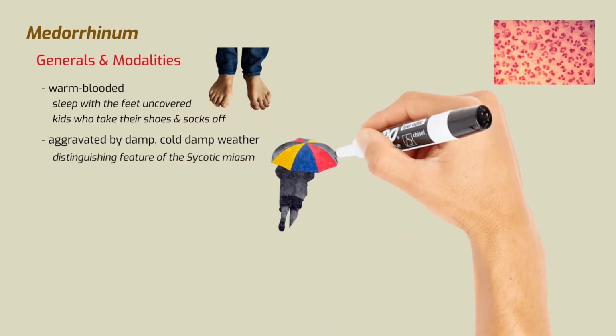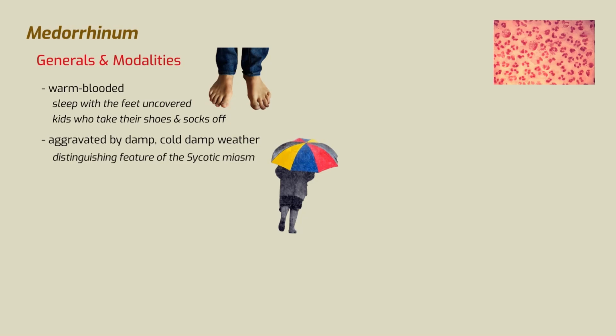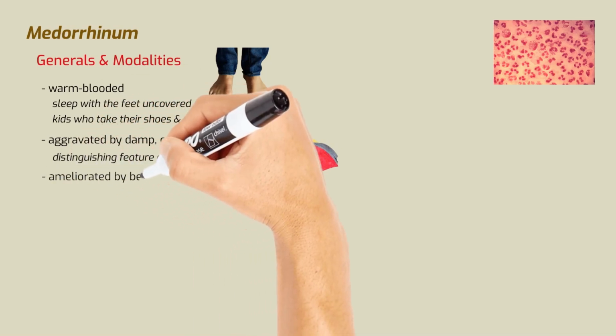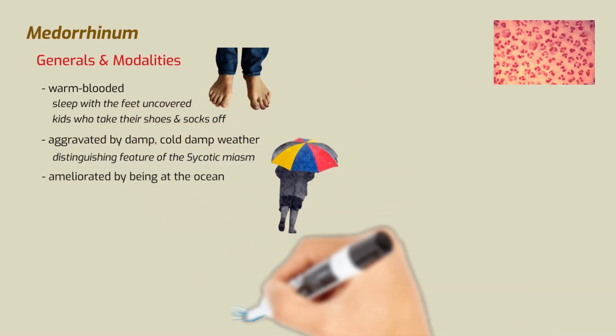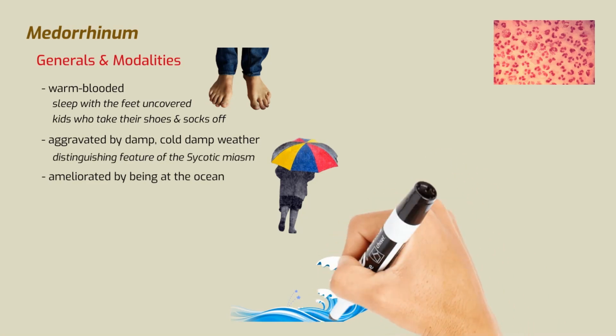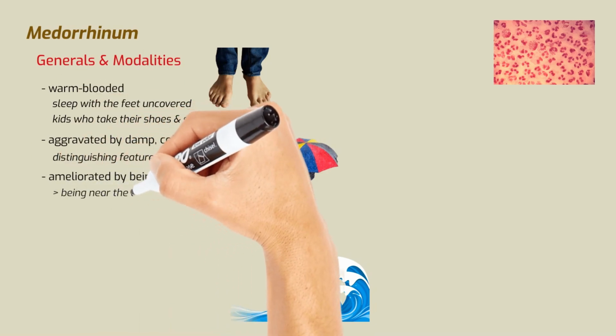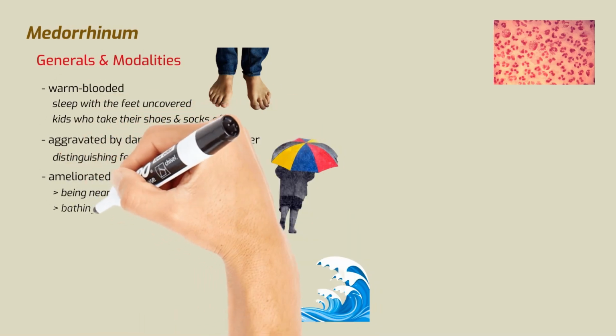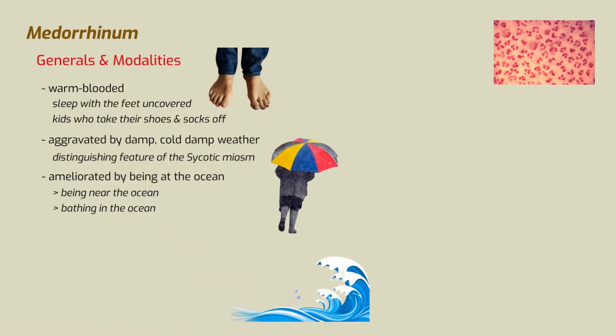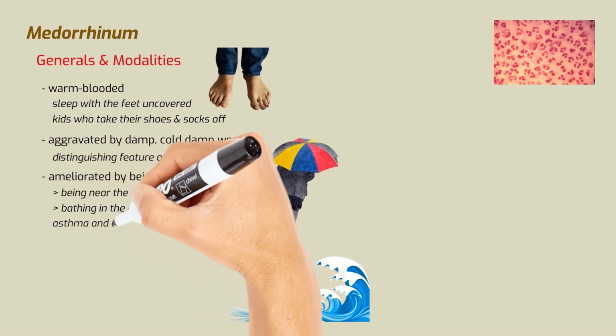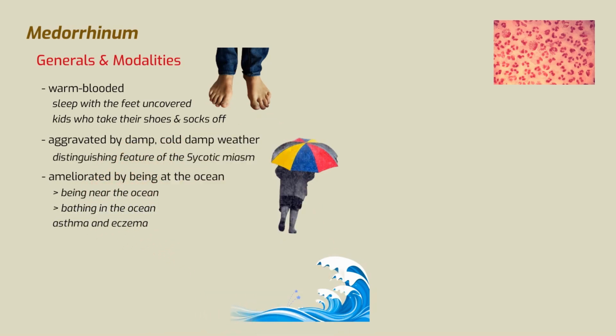Furthermore, in spite of being aggravated by dampness, Medorrhinum is ameliorated by being at the ocean. So even though an ocean environment tends to be damp, it does not aggravate his symptoms. He actually feels better from being near the ocean and better from bathing in the ocean. Conditions like asthma and eczema will magically improve while being near the seashore.